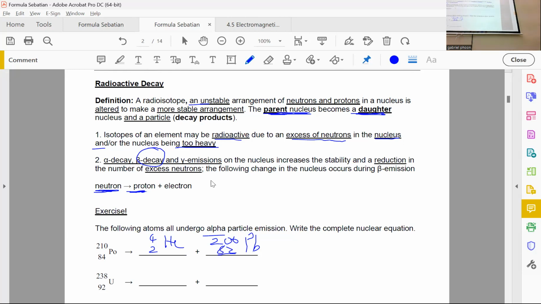How do you read it? When you read the periodic table, the total number is... You can double check, let's say.